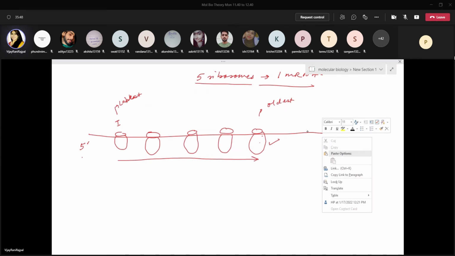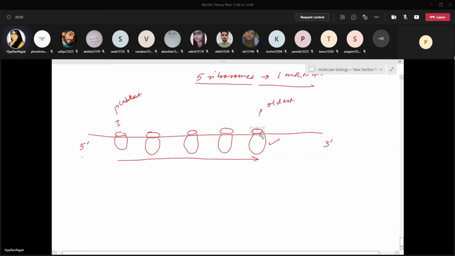So the polypeptide produced by this will be the longest, because this much length of mRNA has been traveled by this ribosome. The next polypeptide will be shorter.